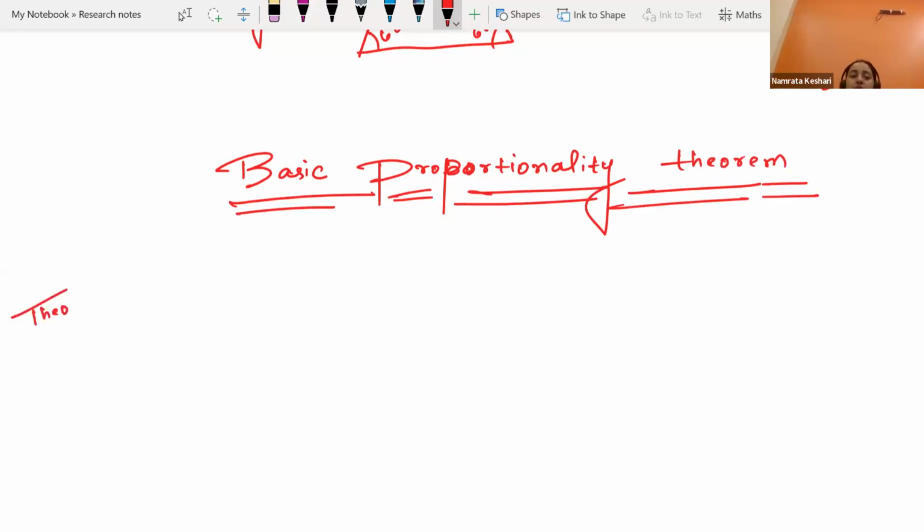First, you need to understand this theorem. Okay, let's do one or two questions related to this theorem, and then I'll show you how to prove it. So the statement, I'm writing it.